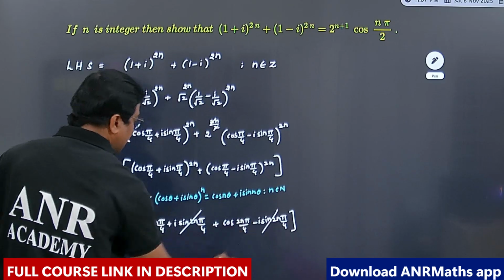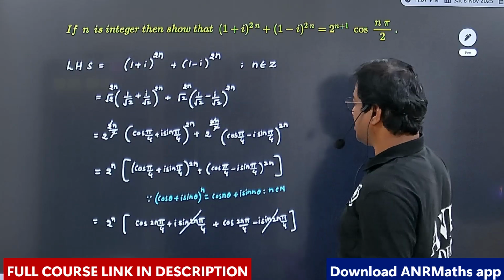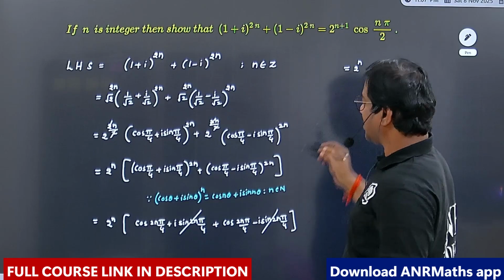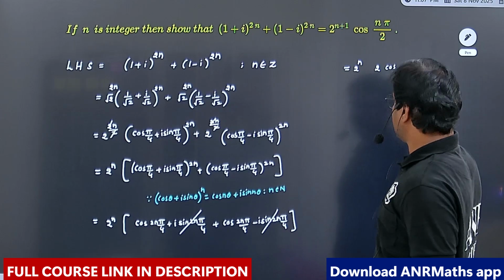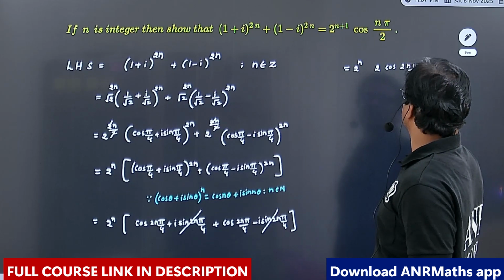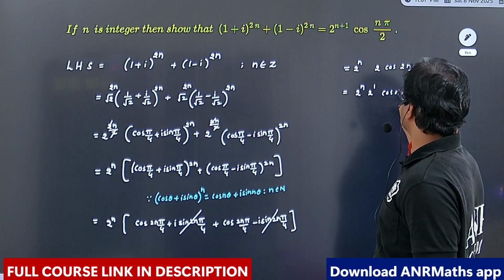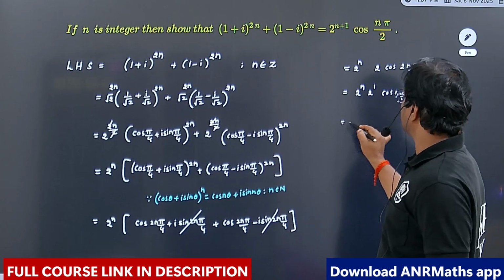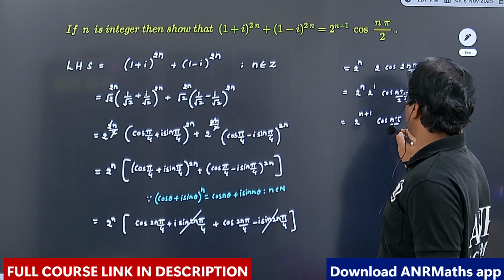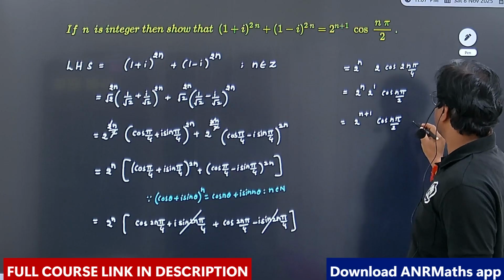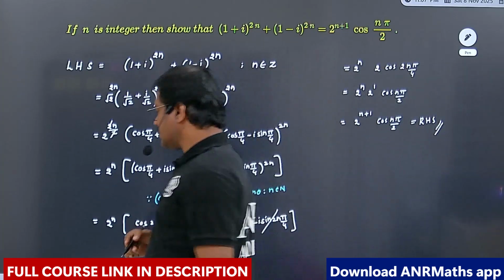Now these two terms get cancelled and we get, in the next step, this is equal to 2 to the power of n. Cosine angle you have 2 times, so 2 times of cos of 2n pi by 4, this is equal to 2 power n, 2 power 1, cos n pi divided by 2. So that what we get, 2 power n plus 1 of cos of n pi by 2. This is the RHS part. That's all. Let us move to the next question.